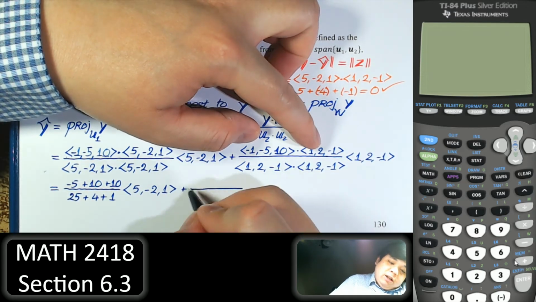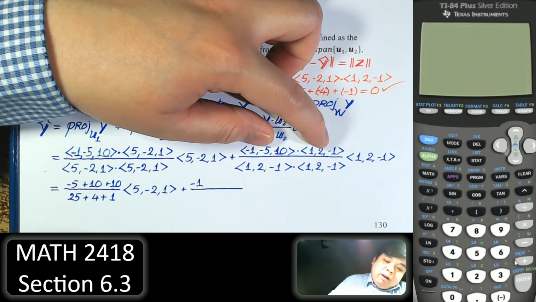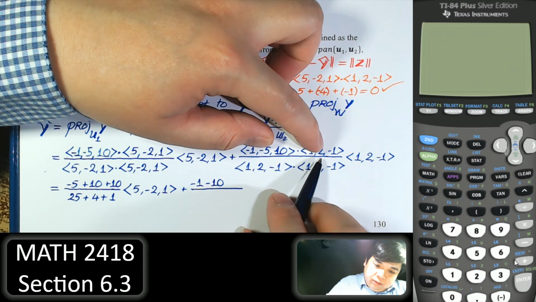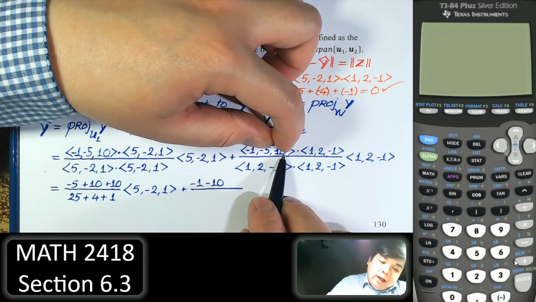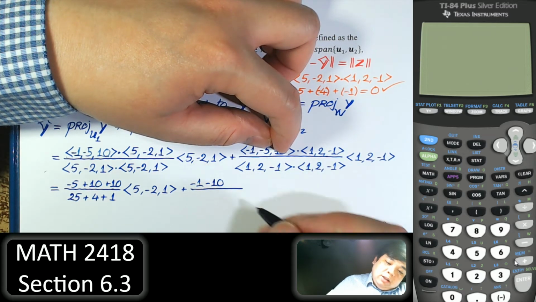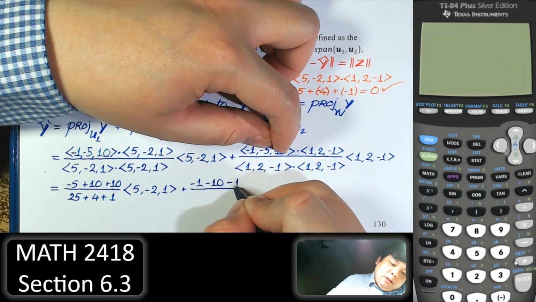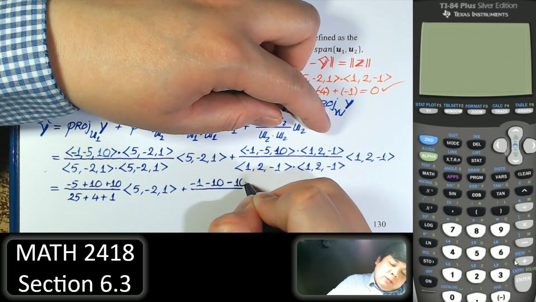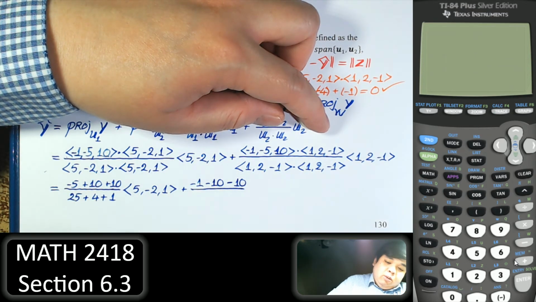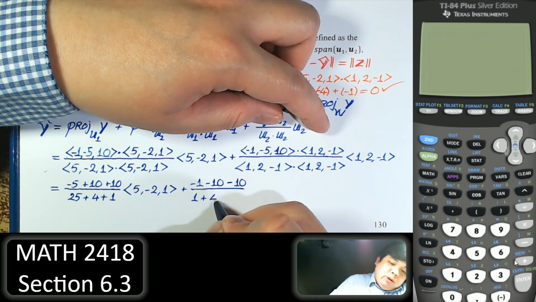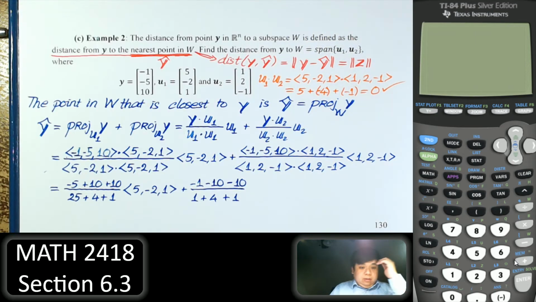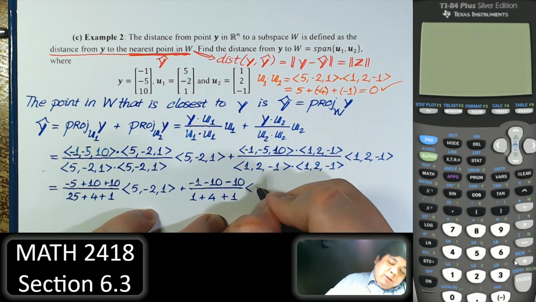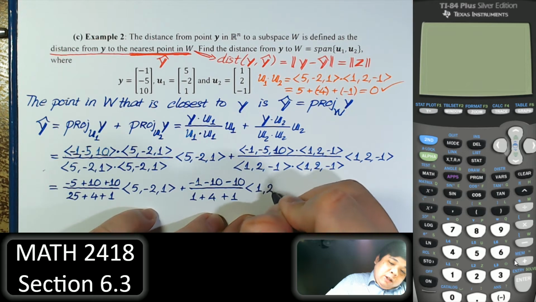Negative 1 times 1, negative 5 times 2, and 10 times negative 1. 1 times 1 is 1, 2 times 2 is 4. And that gives us 1, 2, negative 1.